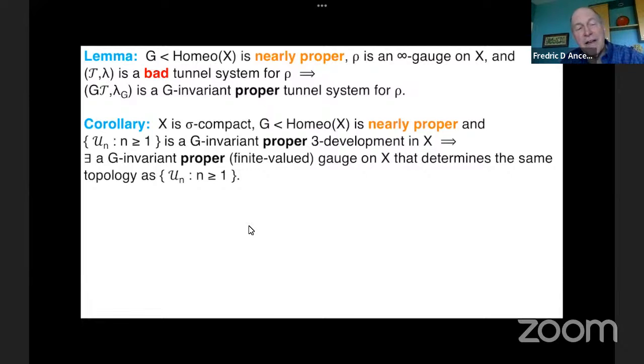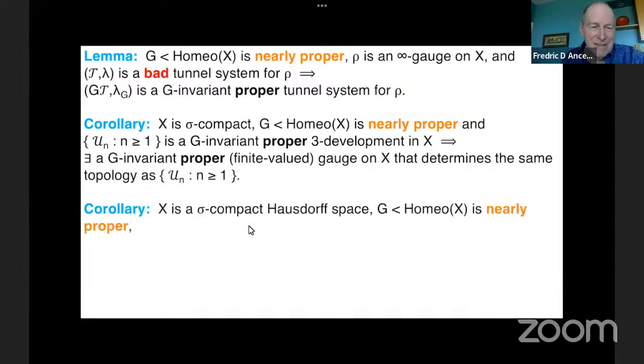So in other words, this is telling me how I can get proper gauges if my group is nearly proper.